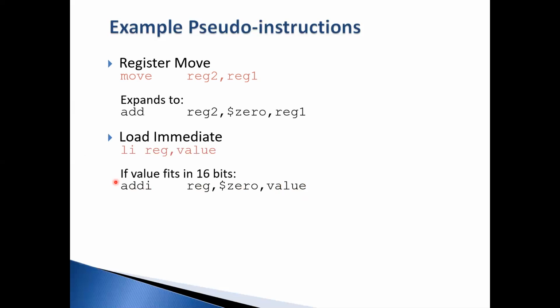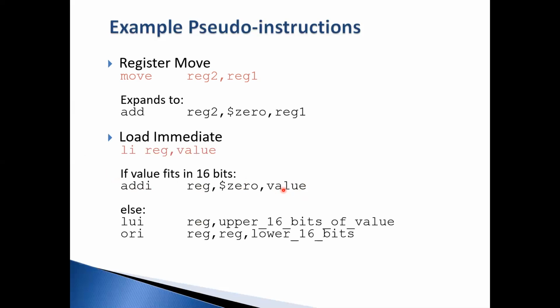But what if the value does not fit into 16 bits? What if this number is bigger than 16 bits? What can we do? Yes, we have to use LUI again. We grab the upper 16 bits of the value, only the upper 16 bits, so you have to cut the number into two, and then save it into the upper portion of the register.